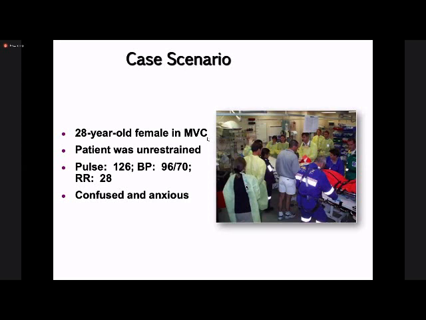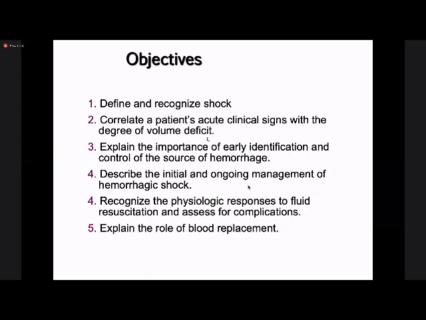So think of a scenario like this. Again, this time a young female, high-speed motor vehicle accident, tachycardic, tachypneic, and hypotensive. The patient is confused and anxious. So there could be a problem with either breathing or circulation in this patient. These are the things you need to be able to cover: define and recognize shock. I guess you know what shock is, but recognition is one thing that you need to learn.